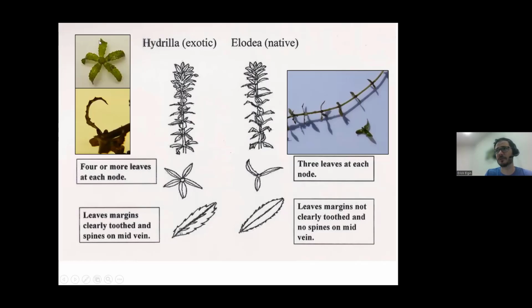So again, 1, 2, 3, 4, 5. Now, Elodea can sometimes have more than 3, but it won't be consistent. In Hydrilla, you will always have 4 or more. On Elodea, they'll mostly be 3, sometimes 2, sometimes 4 or 5, but it's only sometimes.